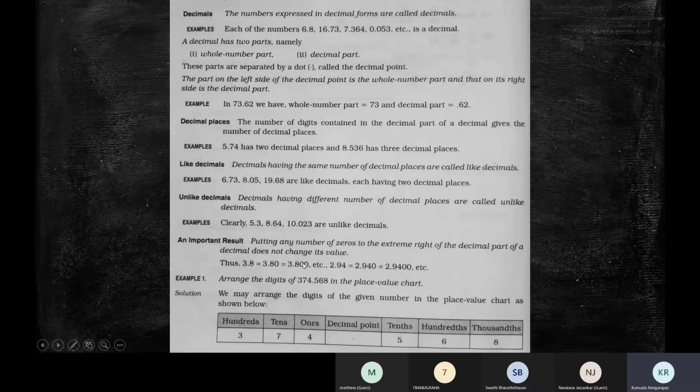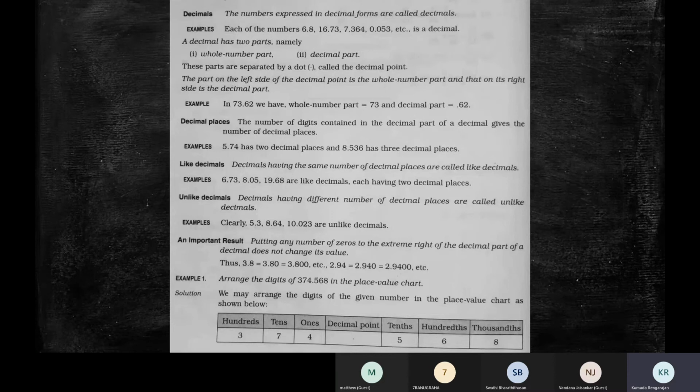Take the number 5. If you write 50, that is 50. If you write 500, that is 500. But 05 is 5, 005 is 5, and 0005 is also 5.